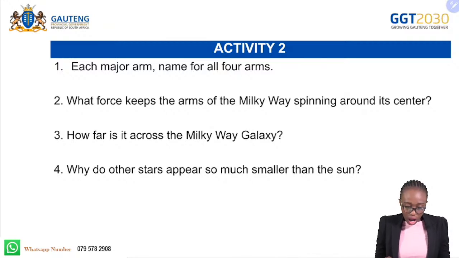How far across is the Milky Way galaxy? And why do other stars appear so much smaller than the sun? To do this activity, I'm going to give you 5 minutes.